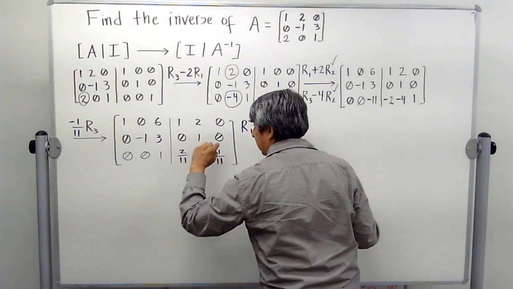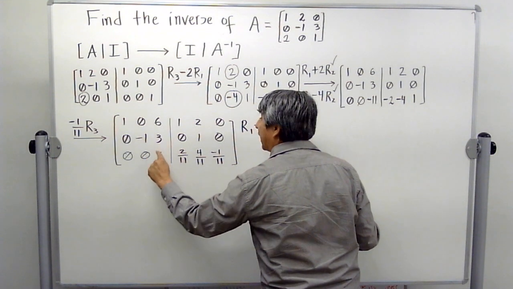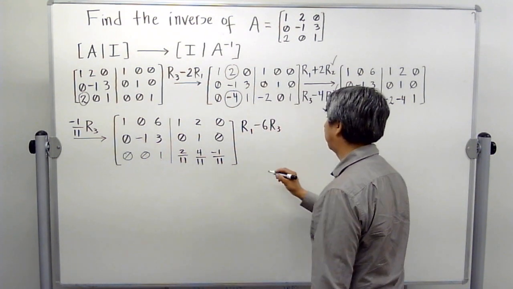To eliminate the 3 in the second row, take row 2 minus 3 row 3.